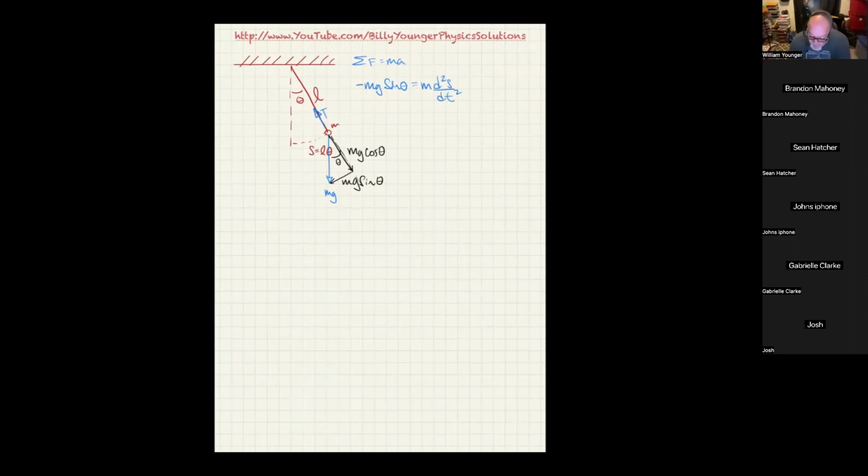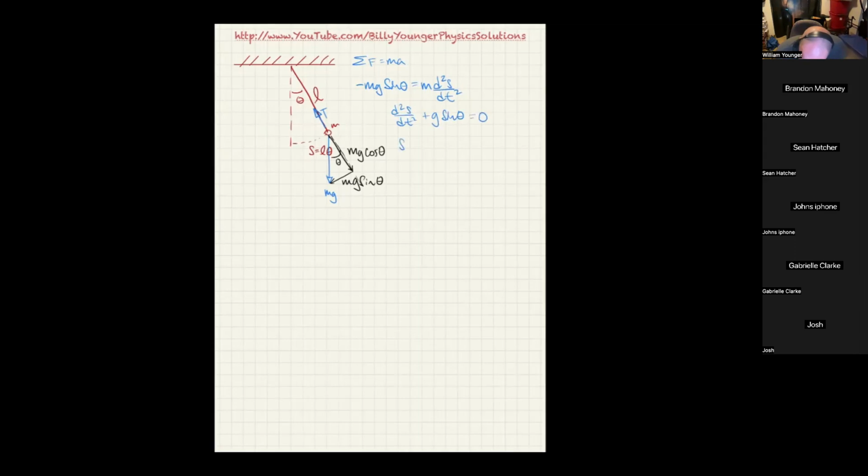Okay. That is not a simple harmonic oscillator. For instance, if I divide both sides by m, you end up getting d2s over dt squared plus g sine theta is equal to 0. So that has almost no resemblance to the simple harmonic oscillator.